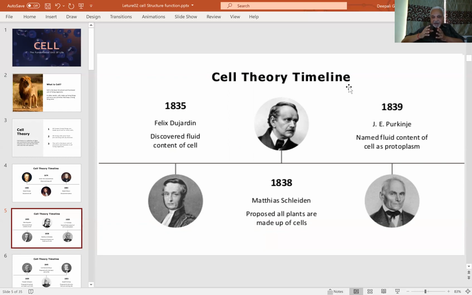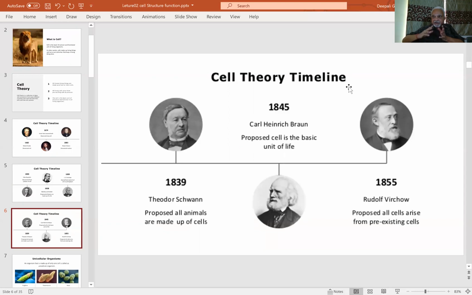So we have a progression in our knowledge: looking at a living cell, observing a nucleus inside it, then plants being made up of cells, the cells having protoplasm inside, and subsequently Schwann saying that animals are also made up of cells.